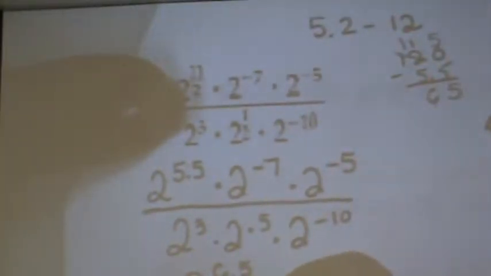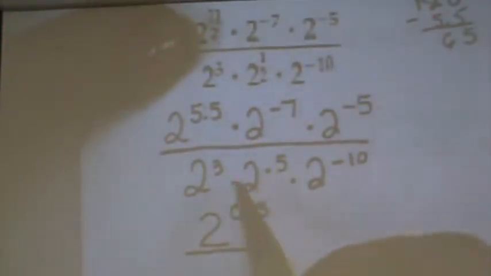What's 5.5 minus 12? So you have 12 minus 5.5. So this would be 11. So this would be 5. And so you have 6.5. So on top you have 6.5 over, and in the bottom you have 8 and then negative 2.